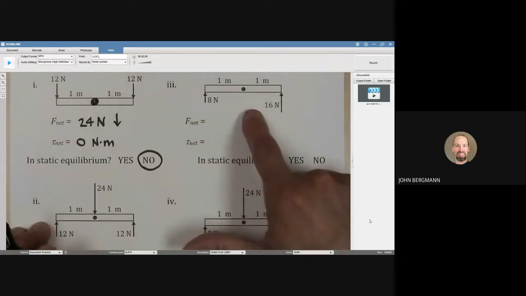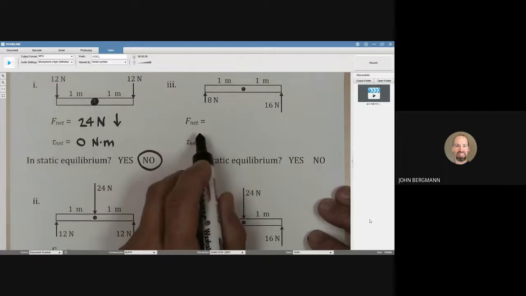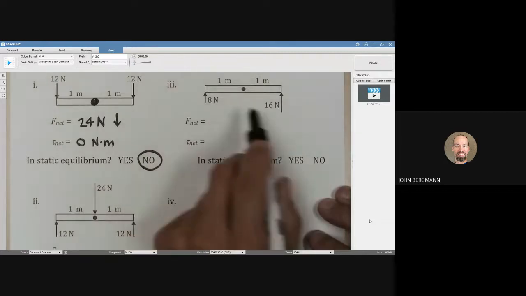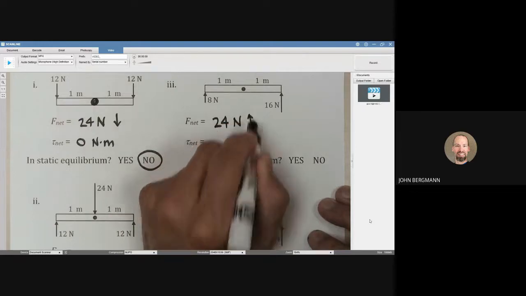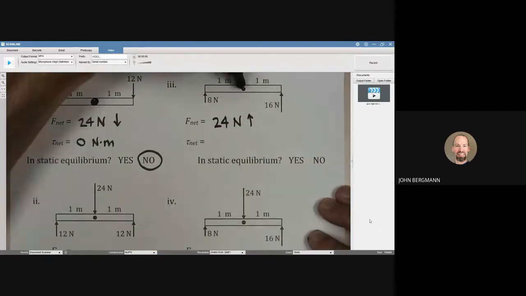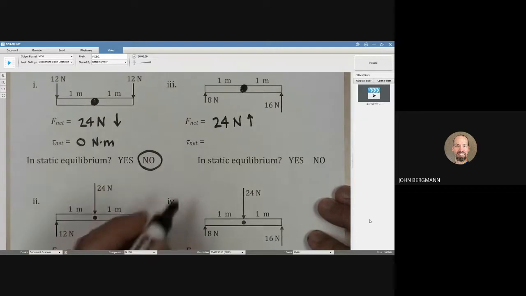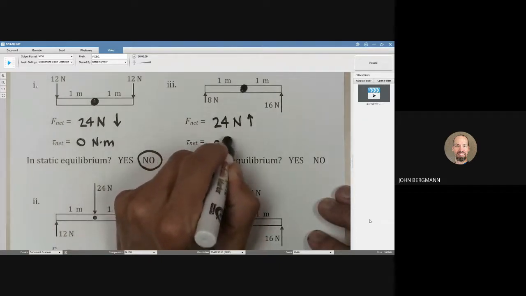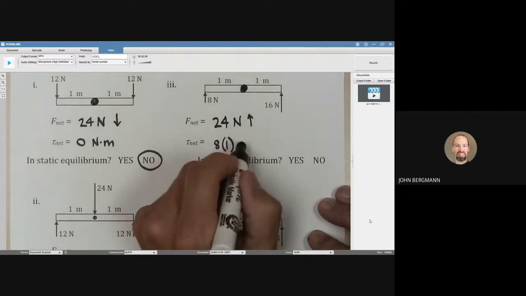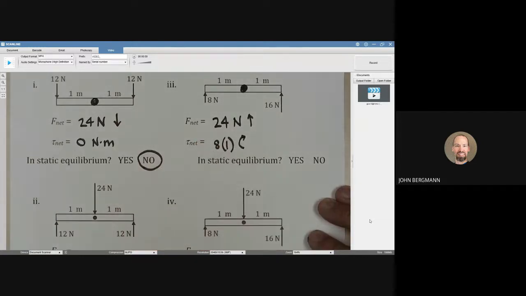Let's sneak over to this item right here. What's the net force on this one? I'm seeing 8 that way and 16 that way, so that's 24 newtons that way. And what's the net torque about this point? We've got 8 newtons times 1 meter, and that goes clockwise. That's in the clockwise sense, isn't it?